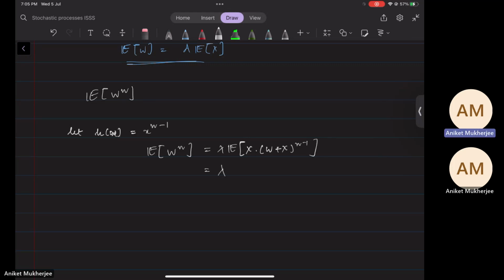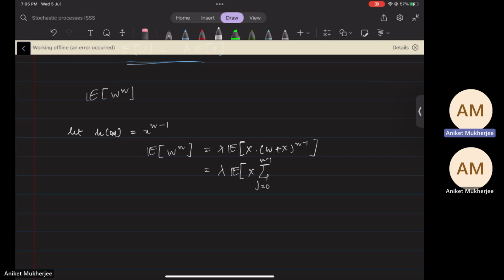So now we have lambda into expectation of x. Now w plus x whole power n minus 1 is just summation j equal to 0 to n minus 1, n minus 1 choose j, w power j, x power n minus 1 minus j.